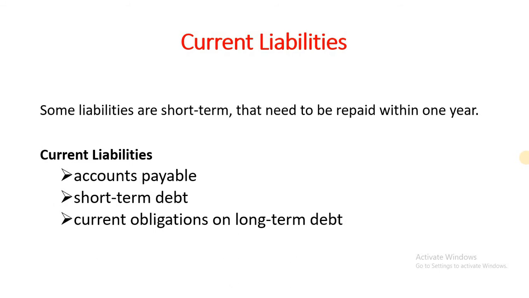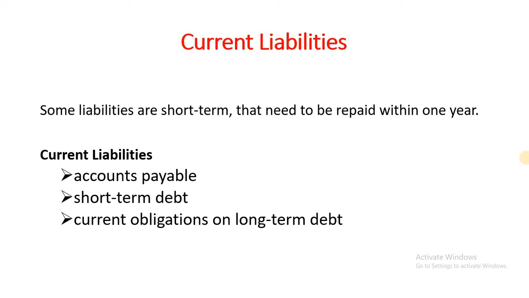Now, let's look at different types of current liabilities for firms. It could be accounts payable, short-term debt, and current obligations on long-term debt. Now, consider Bata Shoe Company Limited. Bata Shoe Company Limited might not buy all of its raw material with cash.